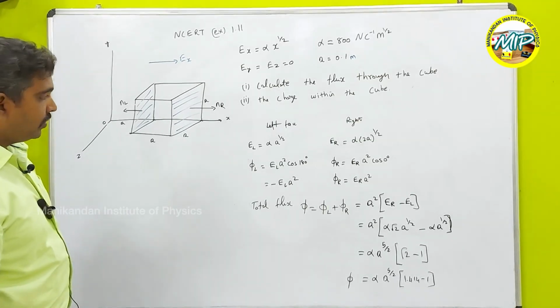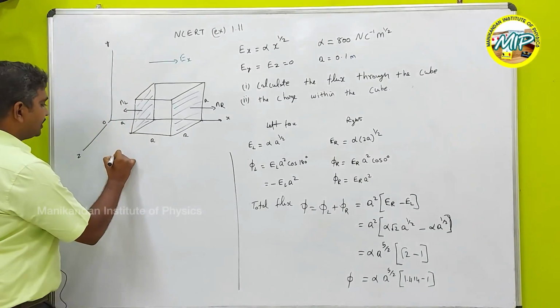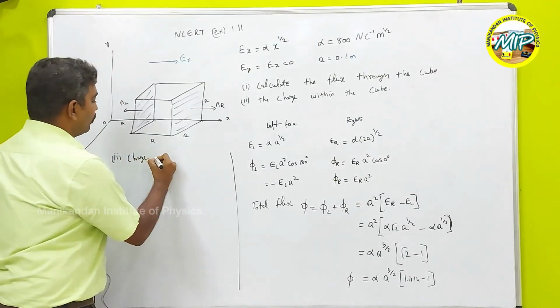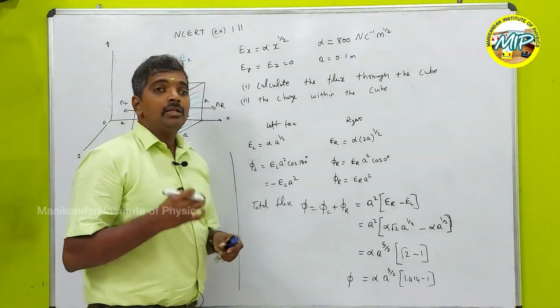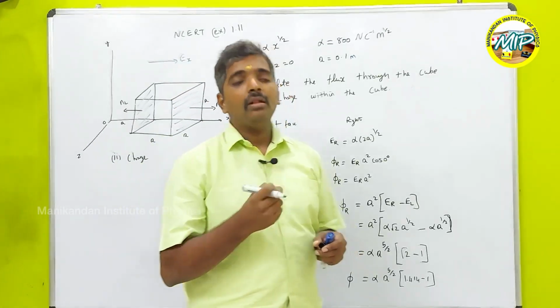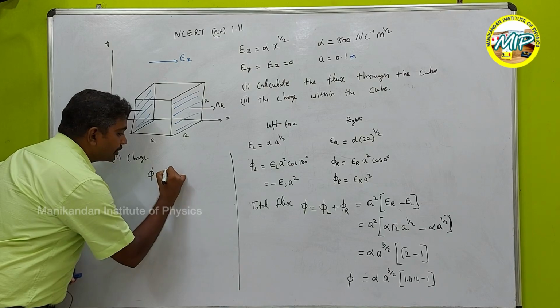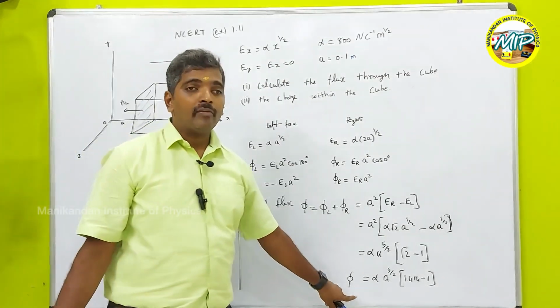Next I am going to write the expression for the second part, the charge within the cube. How can I write it? Using Gauss's law, phi equals q by epsilon naught. So I may write the flux value, the total flux, from here.